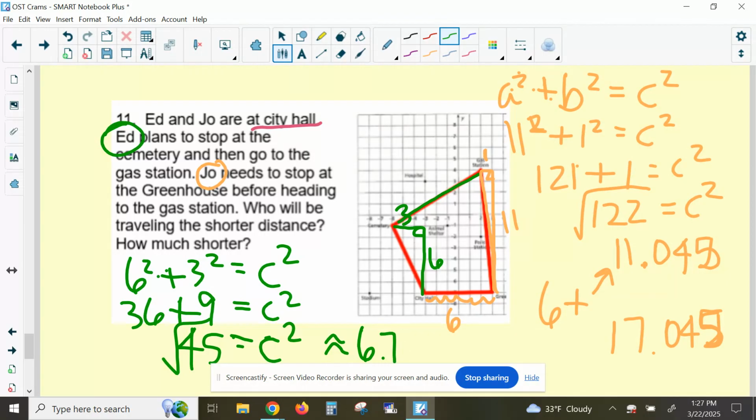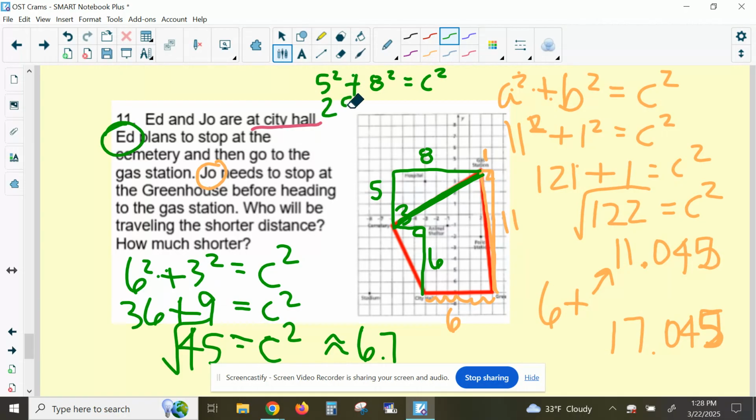Okay, and then he still needs to walk this distance right here. So you need to make another right triangle. So I'm going to make this one go up and over. And that one's like 5 and 8. So you got to do the Pythagorean theorem with 5 and 8. So 5 squared plus 8 squared equals c squared.